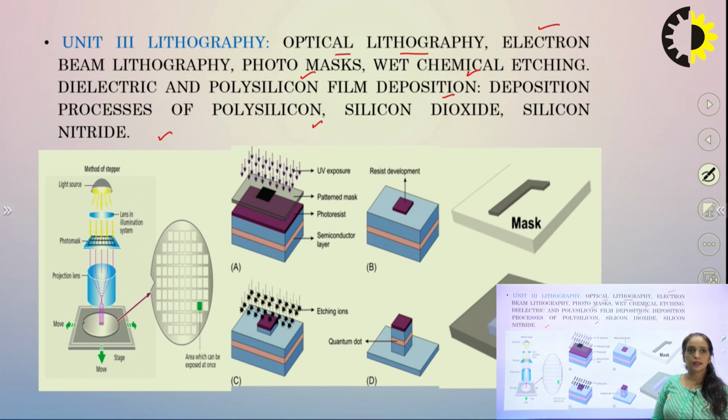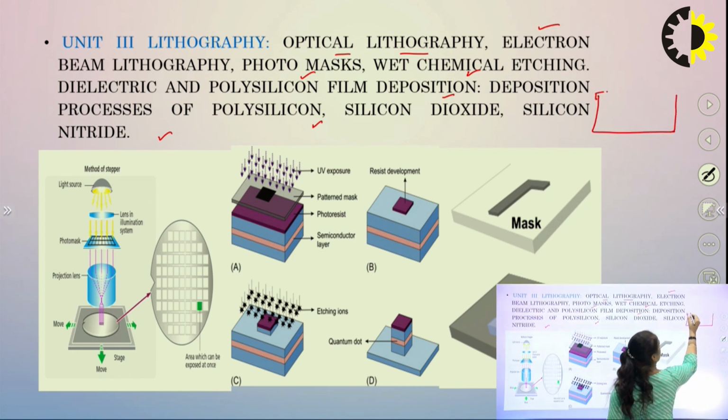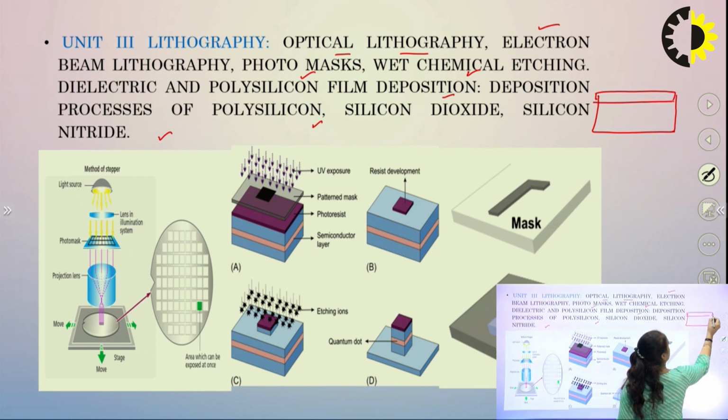So what basically is a photolithography process? Photolithography process means we have to draw some circuit over the silicon substrate. For that we need some specific area, and over that area only we need to draw our circuit, right? In the previous lectures, we have seen that we have this silicon substrate and we have grown the silicon dioxide.